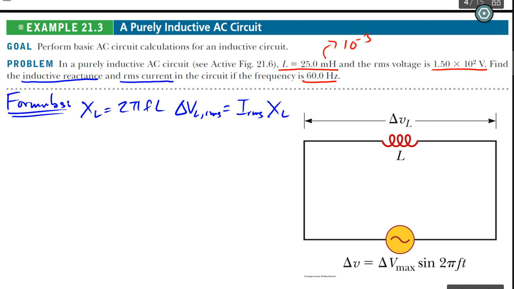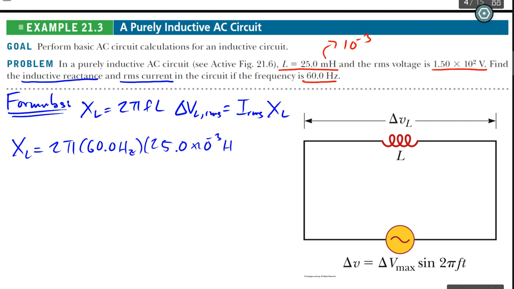Now we expect that the RMS currents for each one of these should be different, especially if they have different values and they're talking about different things. Okay, so let's take a look at this. I'm just going to plug in my values that I've been given for inductive reactance. 2 pi, still 60 hertz. Now once again, not quite sure how hertz times henries becomes ohms, but we'll save that for another time.